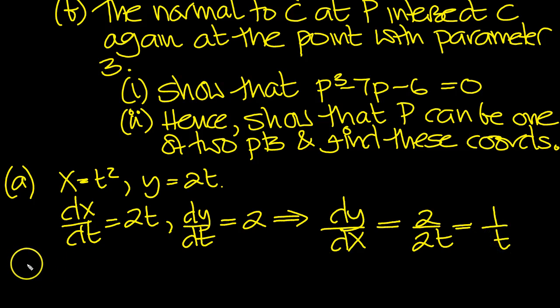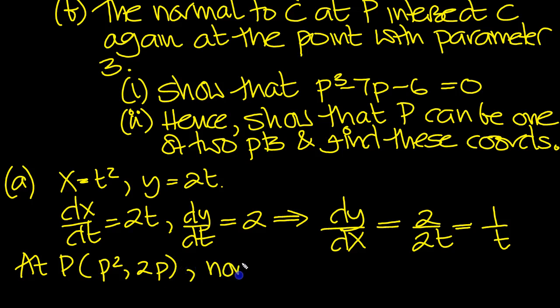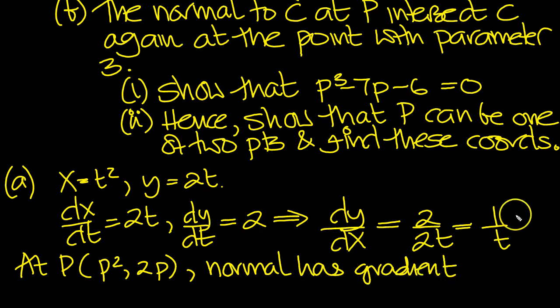So therefore the gradient of the normal at P. First of all the point P has parameter p, doesn't it? So the coordinates will be p squared, and then 2p. This is the gradient of the tangent, so the gradient of the normal will be minus t, but the parameter is p, so it's minus p.